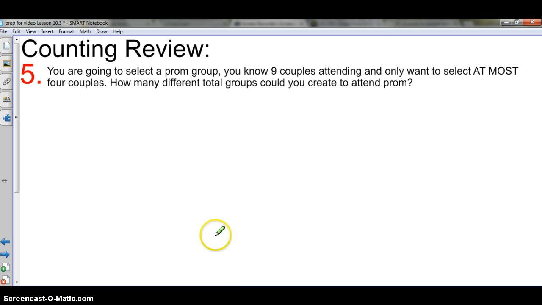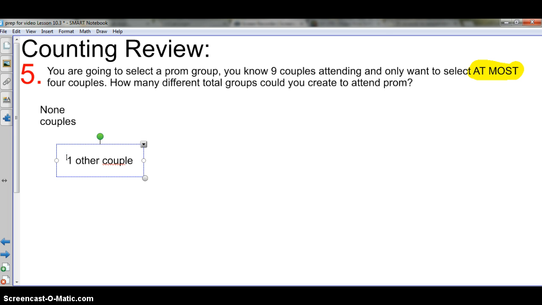I've capitalized perhaps the most important thing about this, and it's the at most. So at most 4 couples means you could go with no couples. Okay. Just you and your date. That's romantic. You could go with 1 other couple. Maybe you got your BFF and you and their date are gonna go.